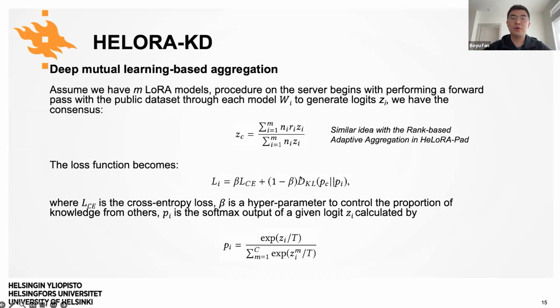This is also a very similar idea to traditional knowledge distillation, but we apply it here. The first item is the traditional cross entropy loss, and we introduce this KL divergence loss to make each client minimize the distance to the consensus, because the consensus has all the knowledge from the different clients.